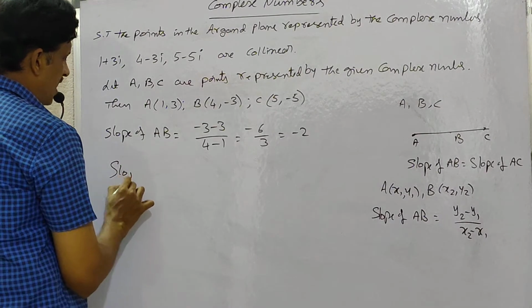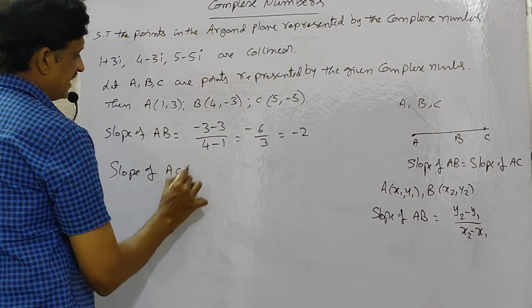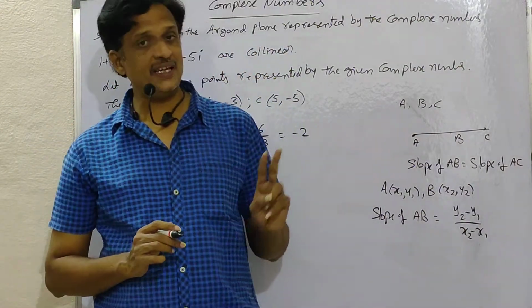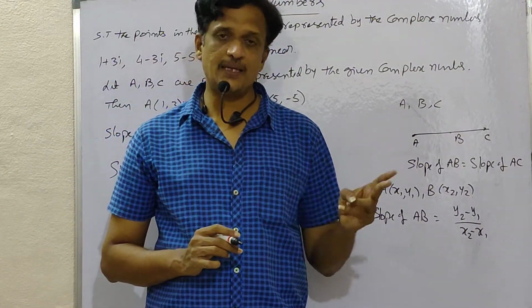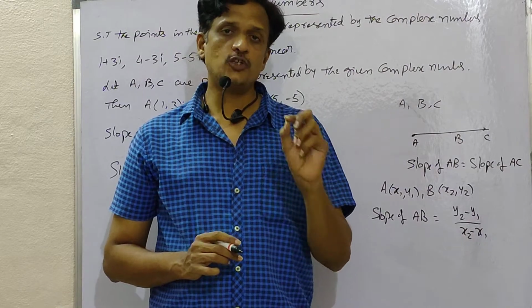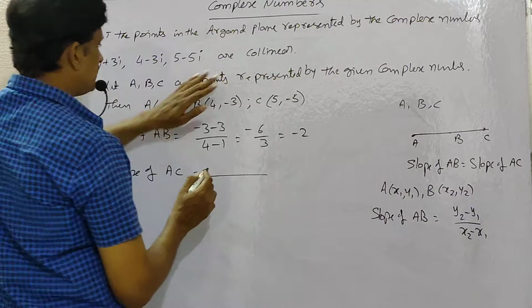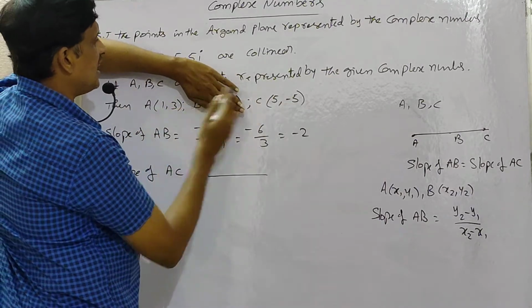Now find the slope of AC. Here we need to find the slopes of two line segments like AB, AC, BA, BC, CA, CB, means one common point should be there. So slope of AC means, now neglect this middle point B and consider the first and last.